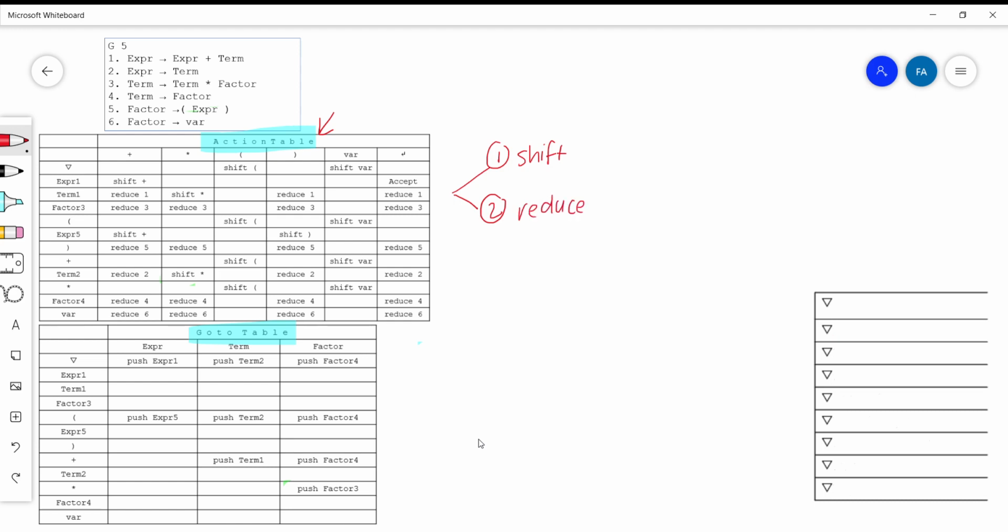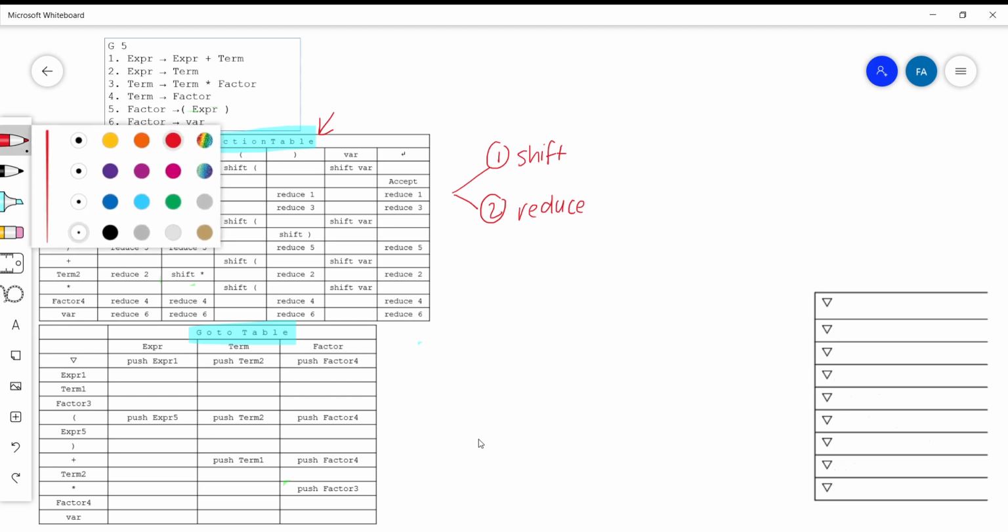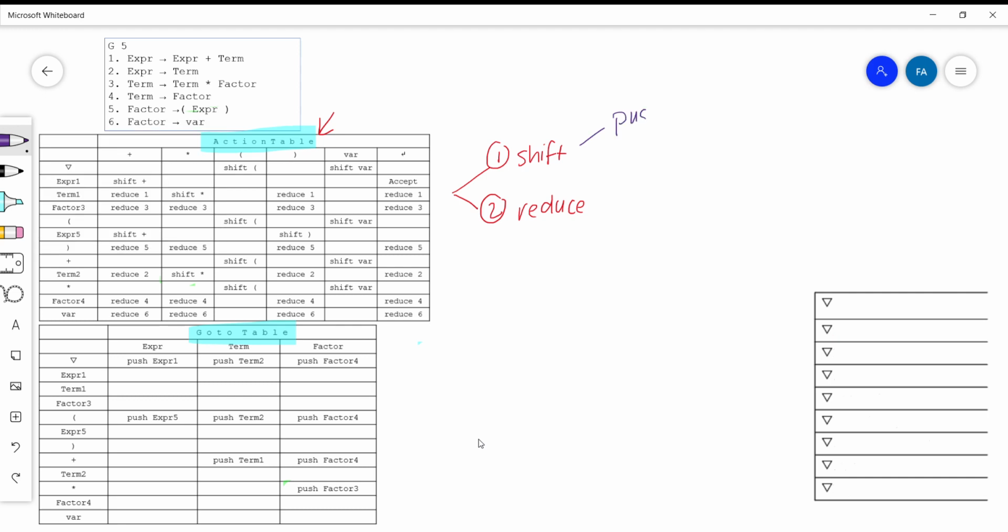If the action table tells us to do a shift operation, what we do is a push operation. We push the input symbol to the top of our stack, and then we advance our pointer.